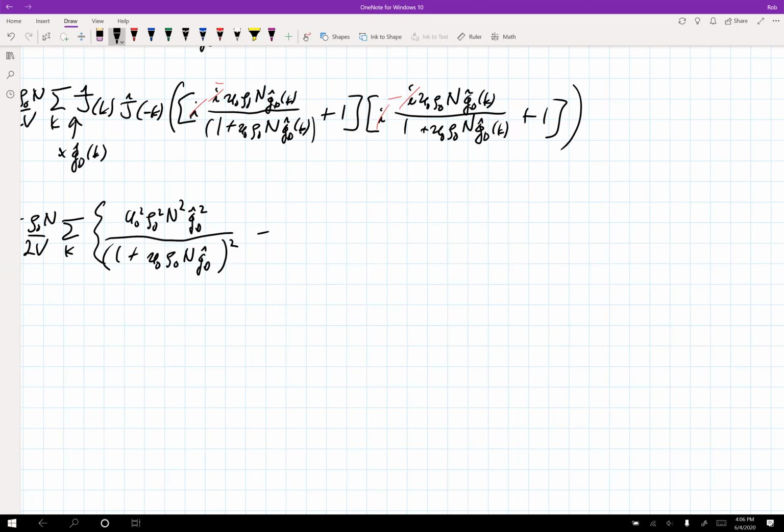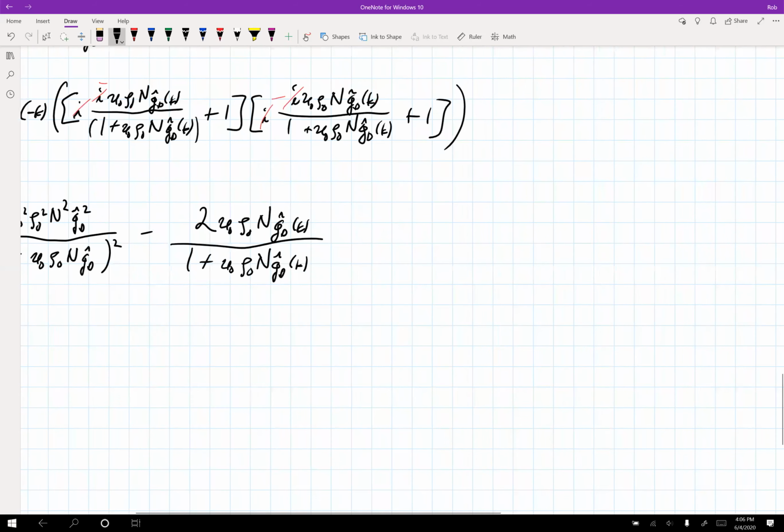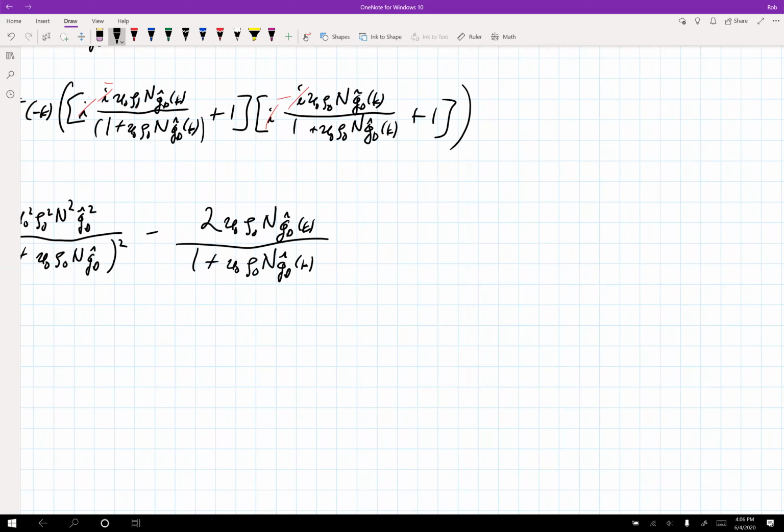Then minus 2, because we're squaring the things, u naught rho naught n gd hat of k over 1 plus u naught rho naught n gd hat of k, then just plus 1, right? Yeah, then plus 1, close our brace, and we have divide function j hat of k, j hat of minus k.